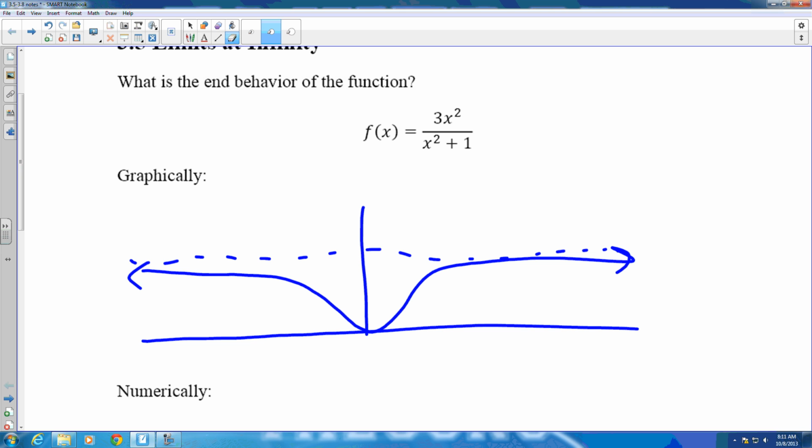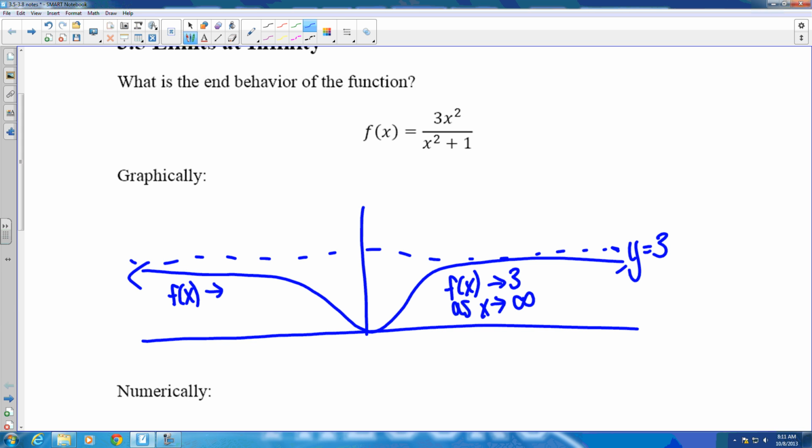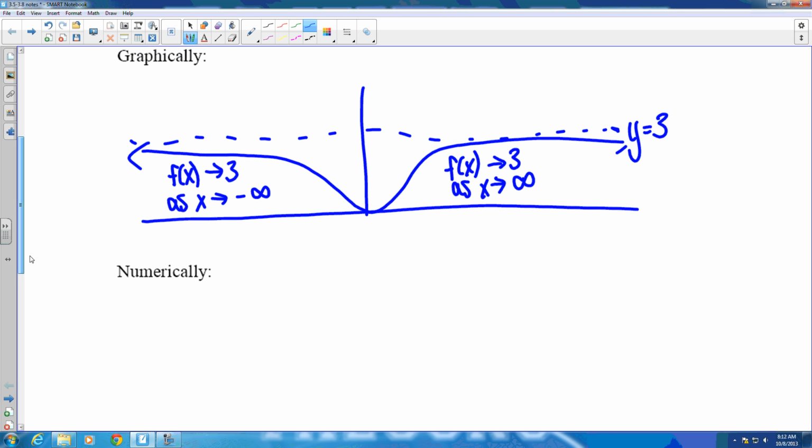So what we could say is that f of x approaches 3, so that's the y value, our function approaches 3 as x approaches infinity. And then on the other side we could say f of x also approaches 3 as x approaches negative infinity on this side. So that's what the graph would look like when we're talking about end behavior or infinite limits.